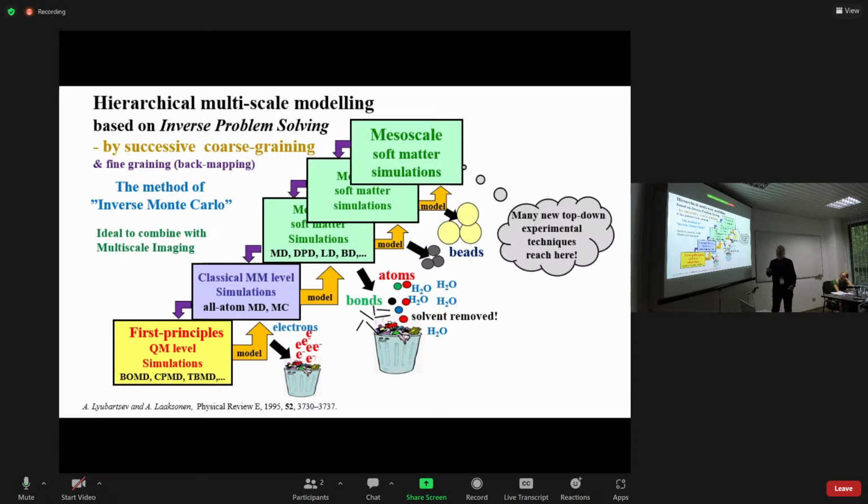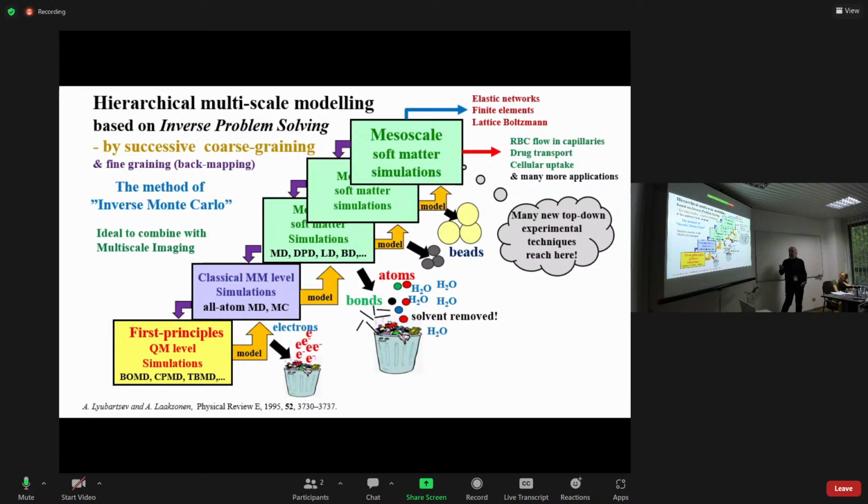It's not trivial at all, but it can be done for certain systems. If we want to go further up, we have to abandon the particle description of the matter, and then we can use elastic networks, finite elements, lattice Boltzmann, and other types of methods which are not based on particles anymore.